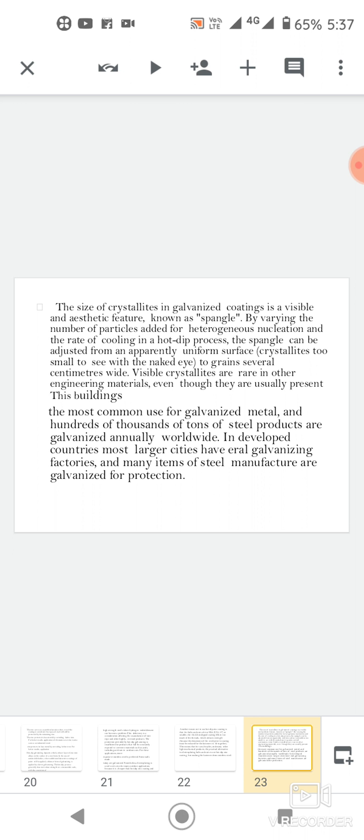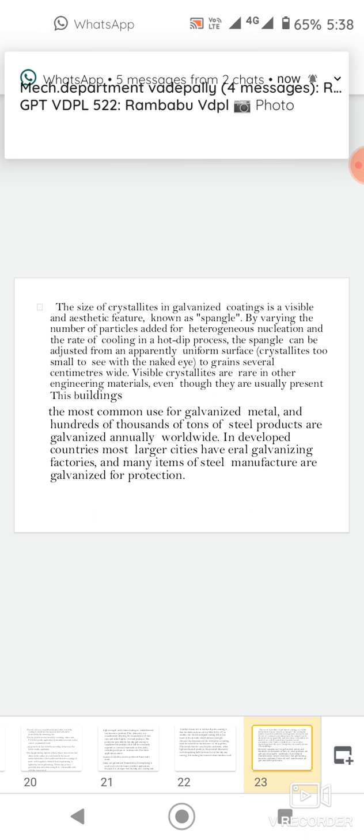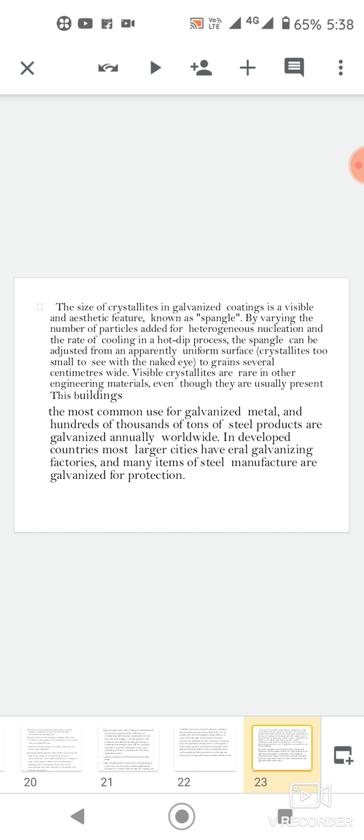By varying the number of particles added for heterogeneous nucleation and the rate of cooling in the hot dip process, the spangle can be adjusted from an apparently uniform surface, with crystallites too small to see with the naked eye, to grains several centimeters wide.